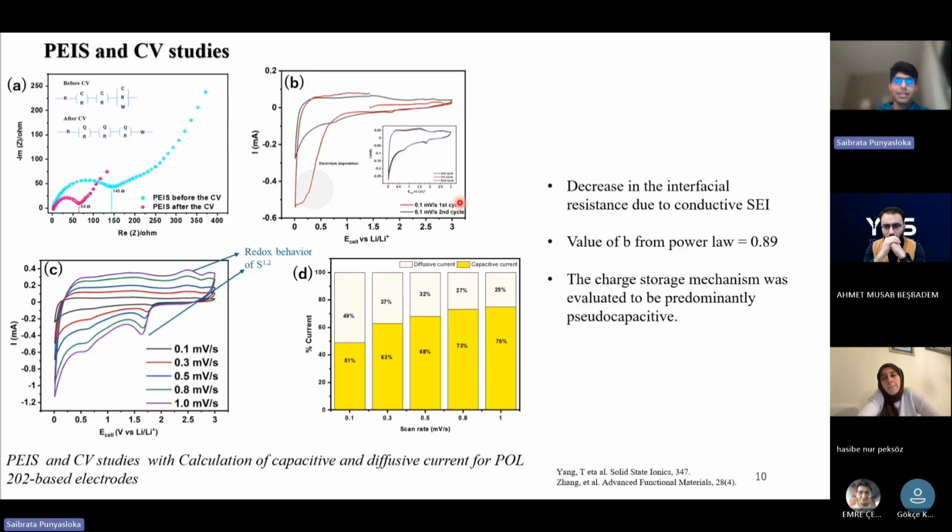Then an SEI forms, and this SEI is electronically insulating but ionically conducting. What I mean is the electrons are flowing from the outer circuit, right? They cannot pass into the electrolyte. There is this anode material, there is this SEI on top of it, and on this side there is electrolyte.